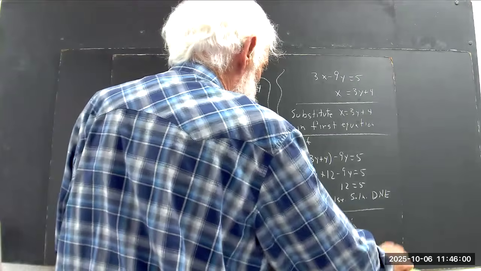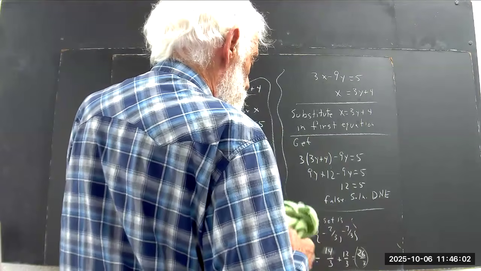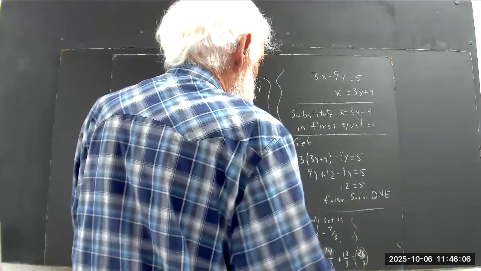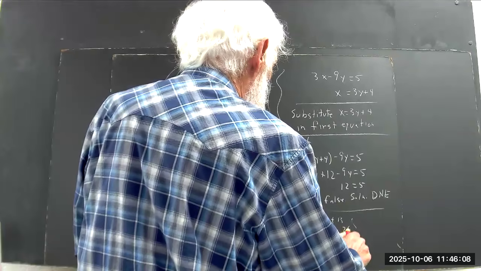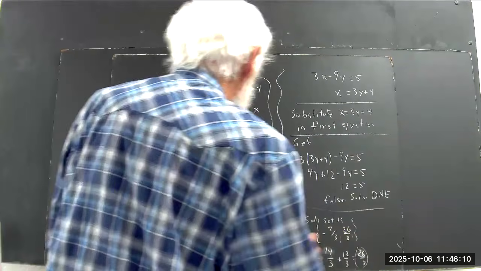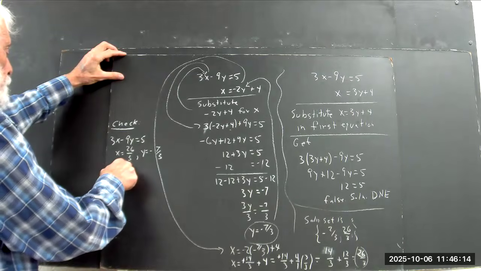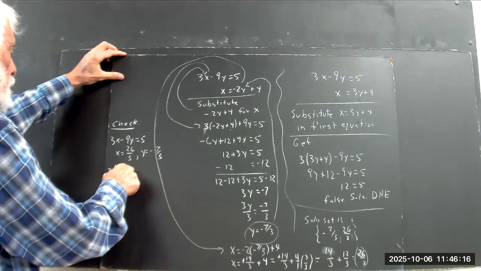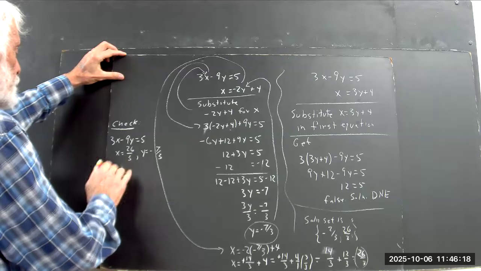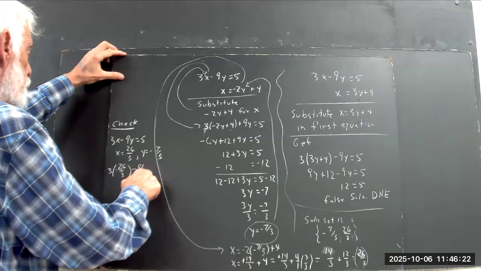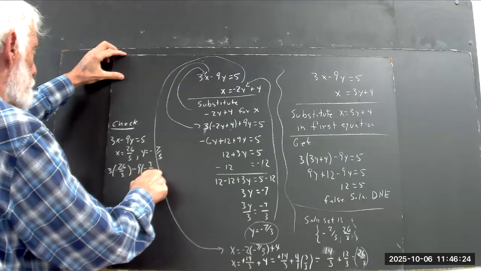And I should write the correct solution step in here. Do we get 3 times 26/3 minus 9 times -7/3?